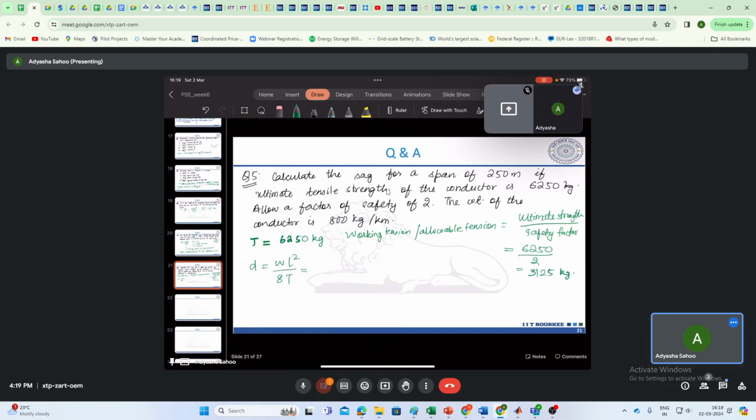So weight is basically 800 kg per kilometer. So that we can write as 800 by 1000 meter, which will come out as 0.8 kg per meter. So 0.8, L is 250 squared, divided by 8 into 3125.